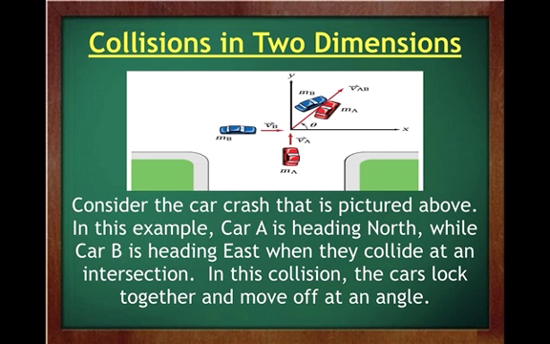In this example, one car is headed directly north and one car is headed directly east, and there's a collision at the origin, and then they lock up and both move away in a particular direction. The person analyzing this accident might try to figure out who was at fault. Maybe if this was just a regular intersection and no one was at a stop sign, who was potentially speeding? That's what we'll look at later.